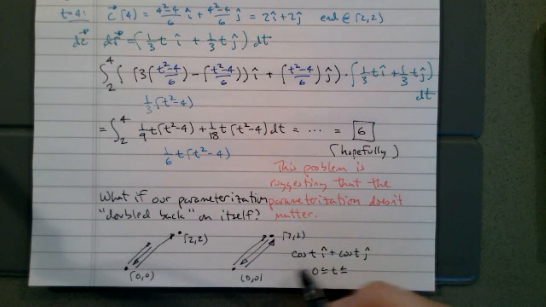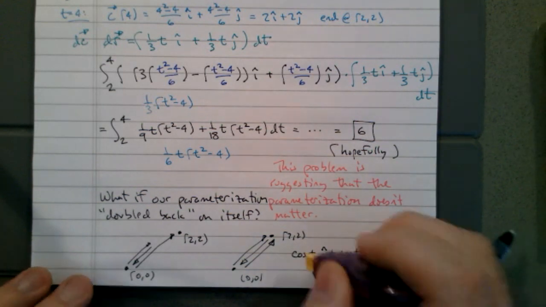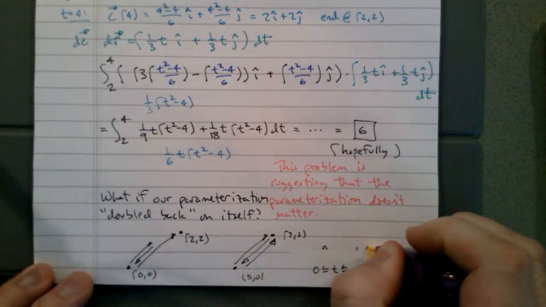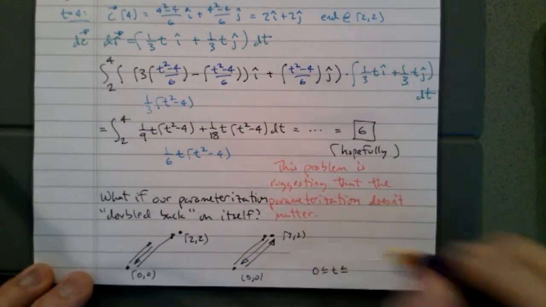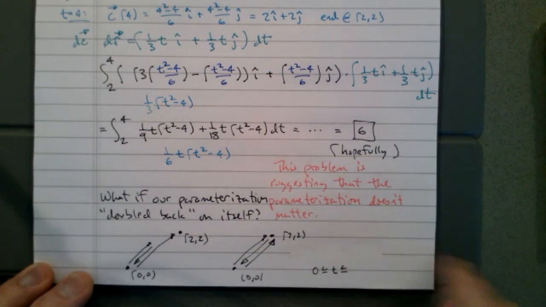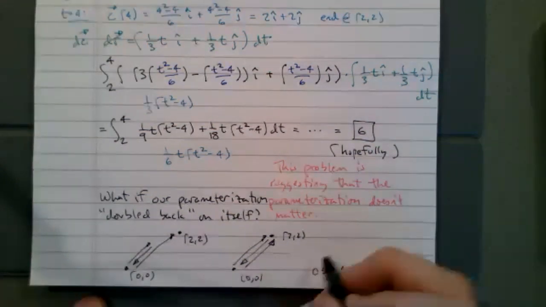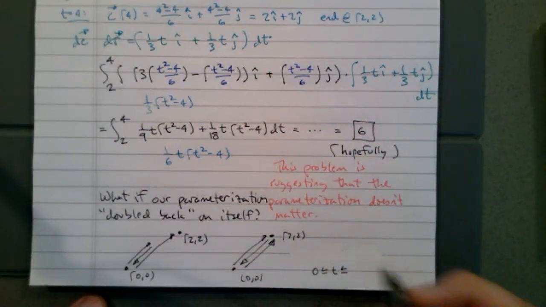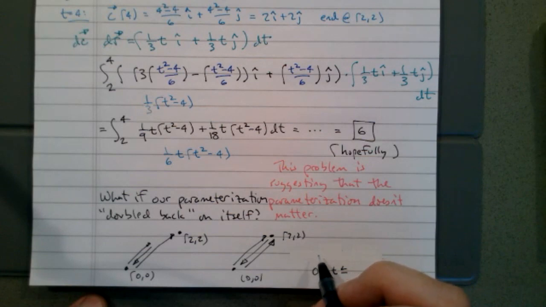So instead of cosine going from 0, 0 to 2, 2, I'd have to adjust these somehow. I can't just do that. It won't end up at the right spots. Instead, I have to go to 2, 2, and I have to start off at 0.